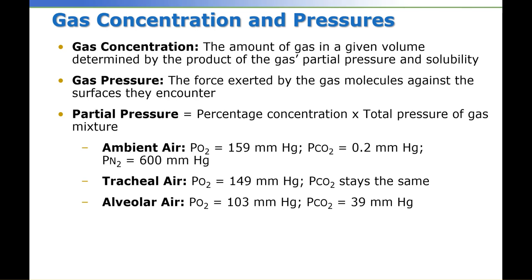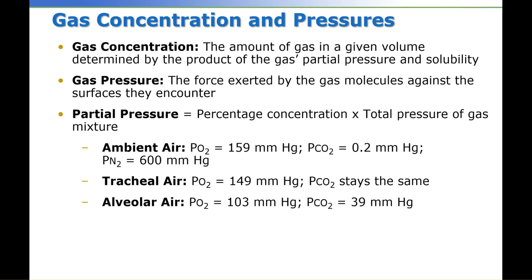Gas concentration, the amount of gas in a given volume, determined by the product of the gas's partial pressure and solubility. Gas pressure, the force exerted by gas molecules against the surfaces they encounter. Partial pressure is the percentage concentration times total pressure of gas mixture.